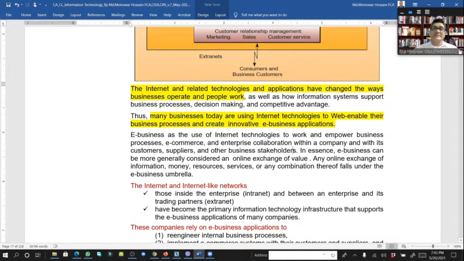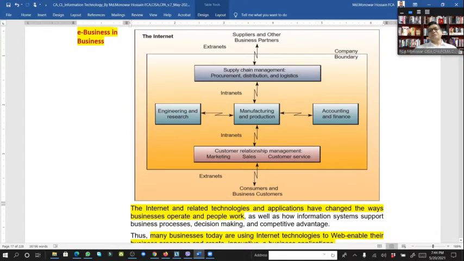Here we can say that e-business is the use of internet technology to empower business processes, e-commerce, and enterprise collaboration within a company and with its customers, suppliers, and other business stakeholders. This figure, if we see it, has everything within this picture. If you just see that picture, any type of answer you can write in your khata or exercise book.